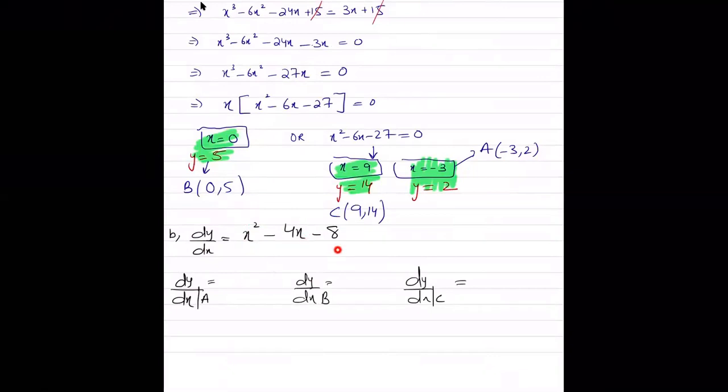In this gradient function, plug x as -3. It's coming to 13. At -3, the gradient comes out to be 13. That's correct. At 0, it should be -8.